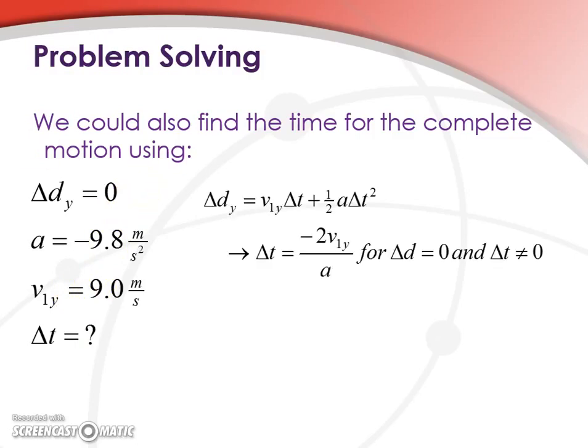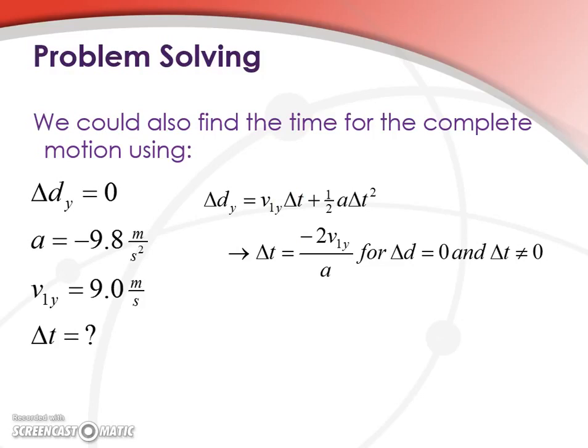So what's this look like? Well, we get an expression for time: v1y delta t plus 1/2 a delta t squared equals 0, equals delta d. And you can see that there are two solutions for this problem, right? So delta t equals 0 will give us 0. And this is reasonable because at the beginning of our experiment at time 0, our projectile is at 0 displacement in the y direction.